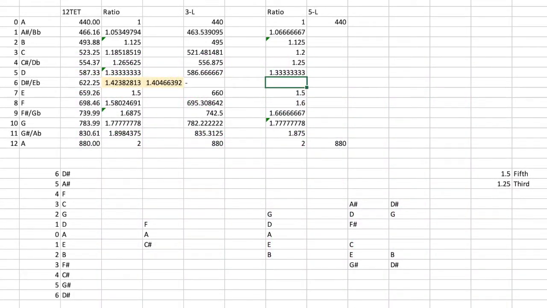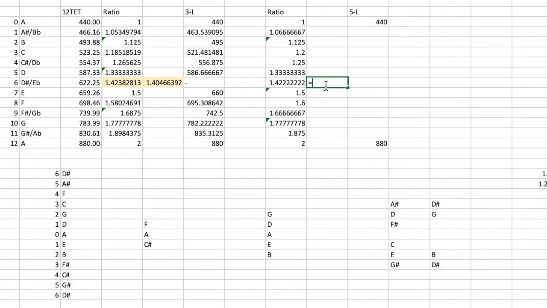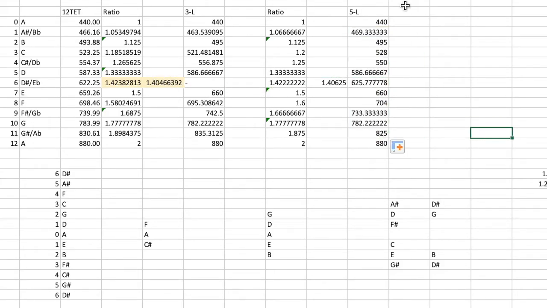And then here, again, we have 2 different ways of reaching it. We can go down a third from G, or we can go up a third from B. So now our 2 different values are a little closer to each other, but they're still inconsistent. And now we have 5-limit tuning, as well as 3-limit and 12-tone equal temperament.